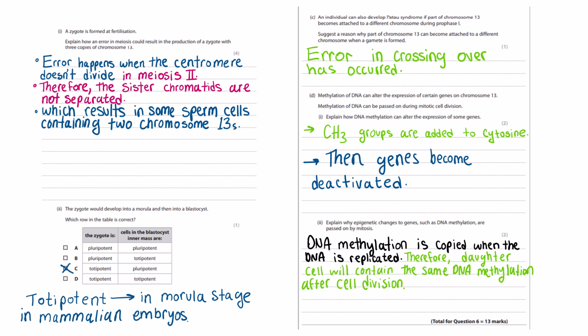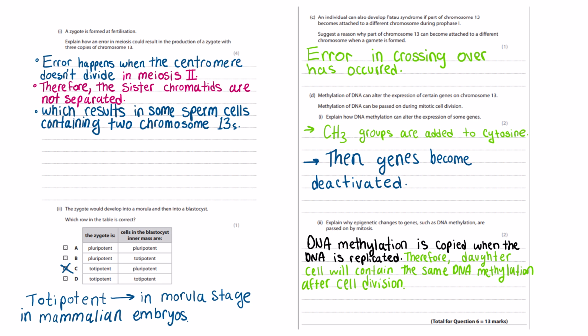Therefore, the sister chromatids are not separated. As you can see in the previous diagram, the sister chromatids in sperm D were stuck together and not separated. Now, this resulted in some sperm cells containing 2 copies of chromosome 13.